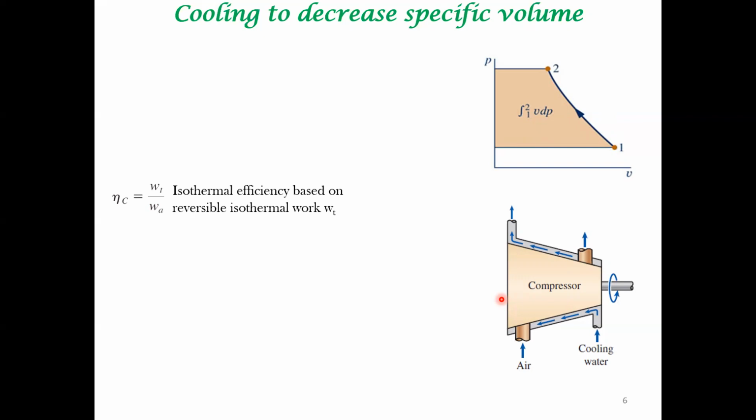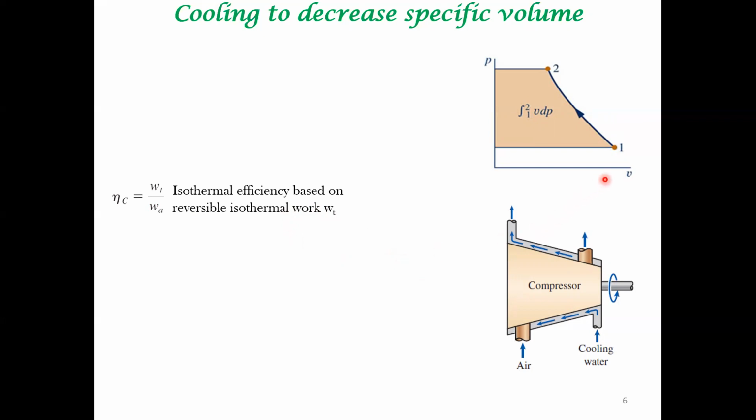Therefore, the entire notion of isentropic analysis is not valid because you're no longer operating the system adiabatically, right? So isentropic analysis doesn't give you a limit to compare the efficiency of a real device with some ideal device. The adiabatic expression is no longer valid. Therefore, what you compare is a work expression obtained from isothermal efficiency. If you operate this device isothermally, your specific volume is as low as it can be.